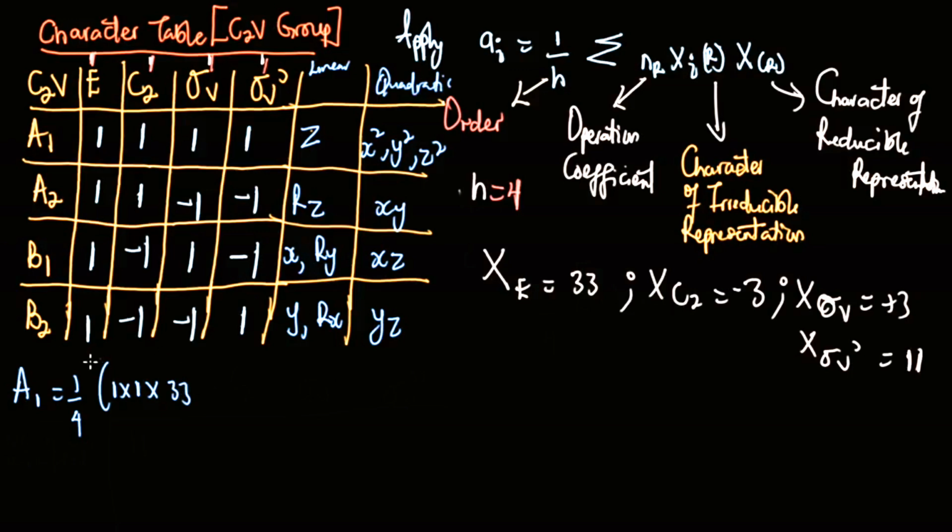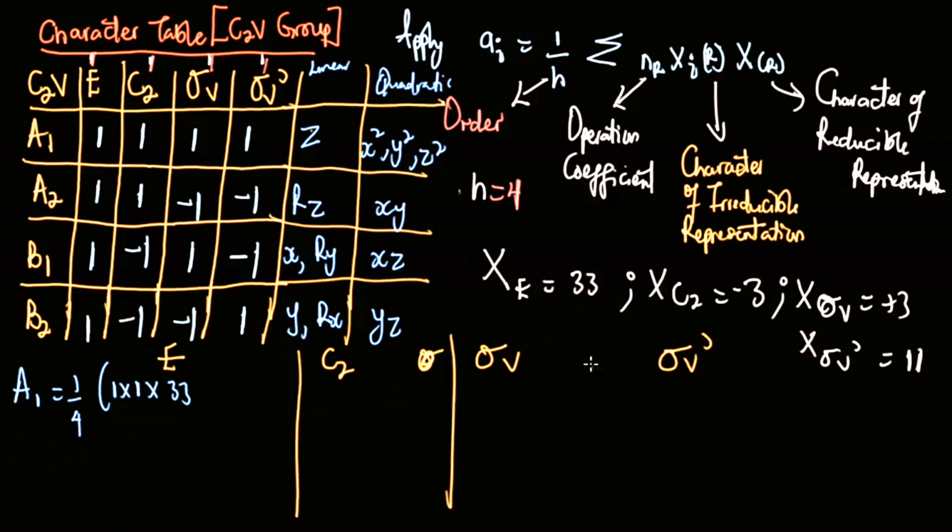So what you need to do is simply put it this way: E, C2, sigma V, and sigma V prime, right? So let's put it in partition. Plus.